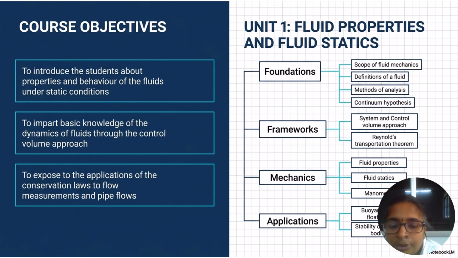In the frameworks, we will be dealing with system and control volume approach and Reynolds transport theorem. In mechanics, we will be dealing with three subtopics, that is fluid properties, fluid statics, and manometers. And in application oriented, we will be dealing with buoyancy in floating bodies and stability of floating bodies. So these are the parameters which have to be discussed in Unit 1.